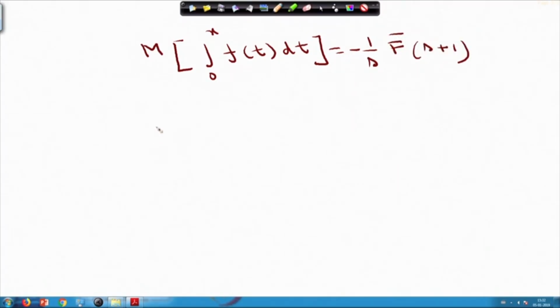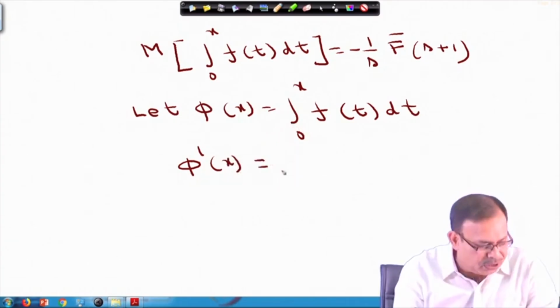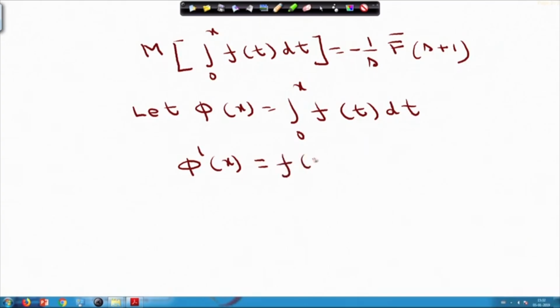To prove this one, let us start with phi(x) equals integral from 0 to x of f(t) dt. Once you write phi(x) equals the integral from 0 to x of f(t) dt, then whenever you differentiate, phi dash x will be equal to f(x), with phi(0) equal to 0.